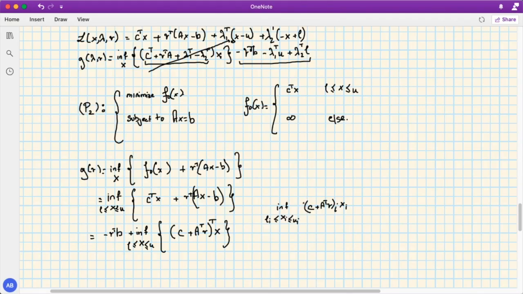So what happens over here? We have two cases. If c plus A transpose nu, the ith term, is positive, then what is the infimum over here? You could choose xi to be li, in which case you get the ith term of c plus A transpose nu multiplied by li if this term is positive.